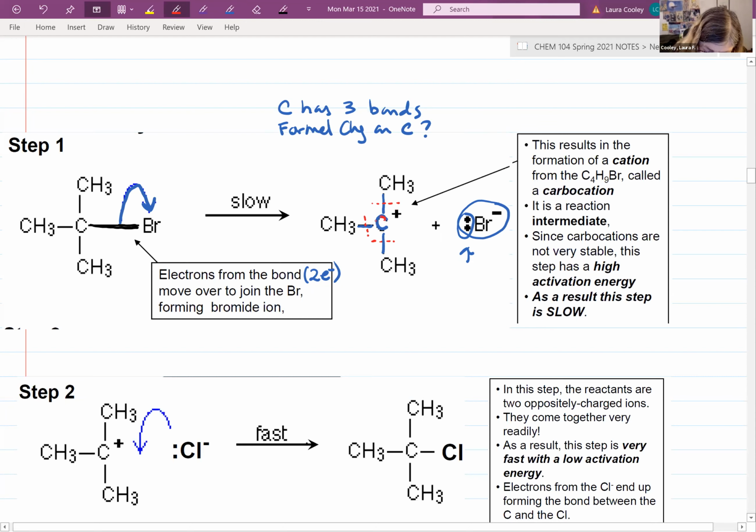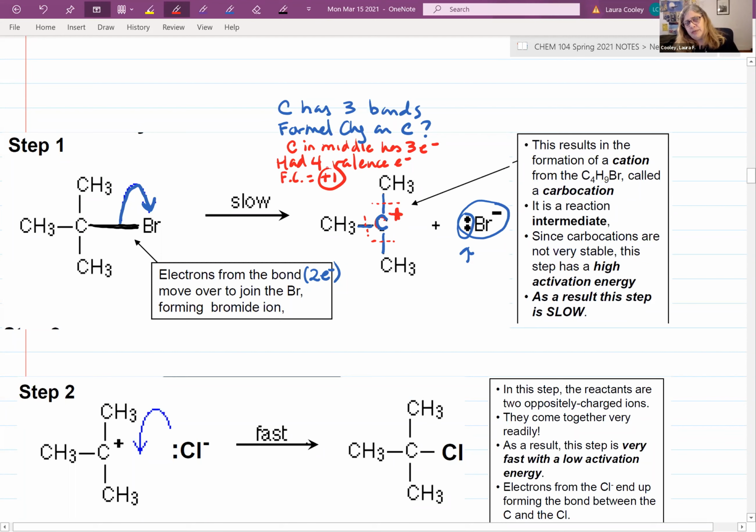So this carbon in the middle only gets 3 electrons, but it had 4 valence electrons. So it has 1 less. So what does that make the formal charge on this carbon? Makes it plus. The formal charge is +1.